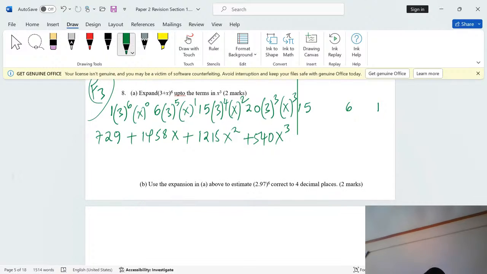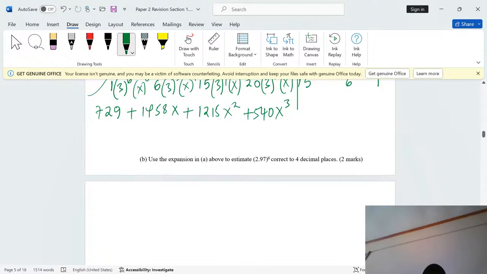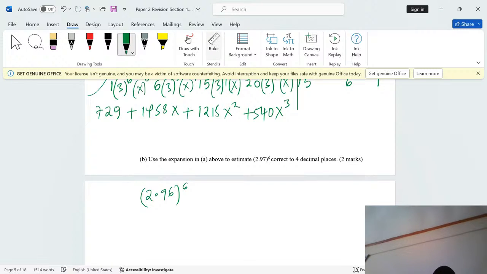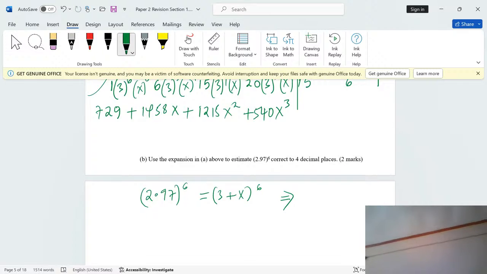So this is now the expansion up to x power 3. Then we are told to use the expansion above to estimate 2.97 power 6 to 4 decimal places. So we're going to equate 2.97 power 6 with 3 plus x, also power 6. If the powers are equal, then we can equate the bases.